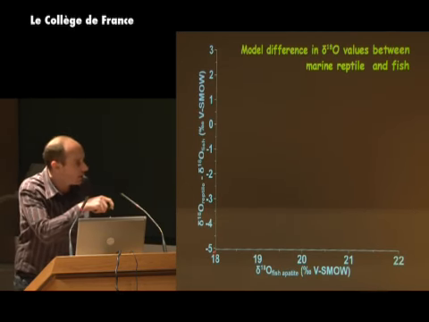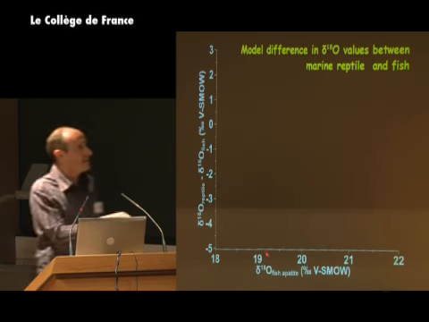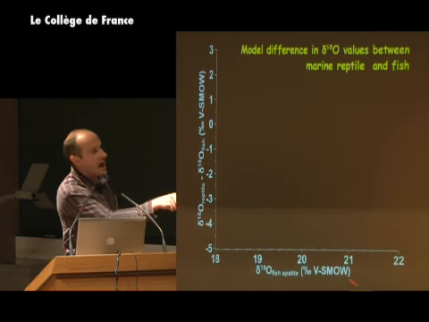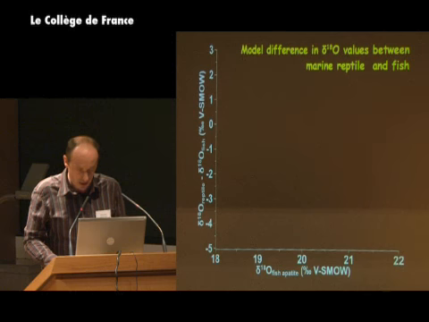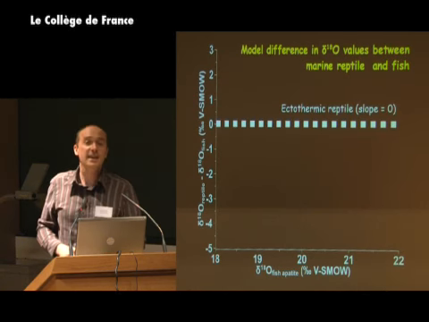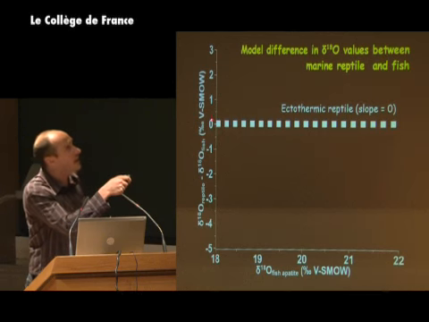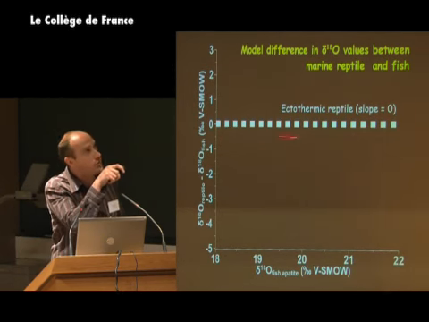And on the abscissa you have the delta 18O values of fish phosphate, which directly reflect seawater temperature. Higher delta 18O values correspond to lower temperature. So first, if the tested reptiles were ectothermic animals, then we would have a line with a null slope.